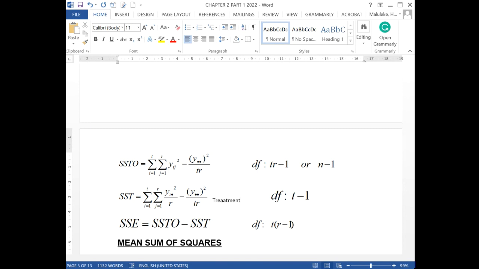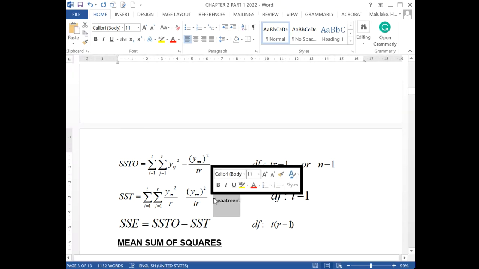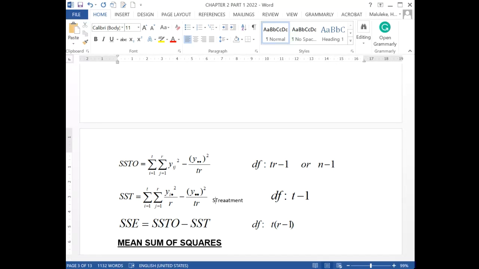When you see SST, we're referring to the treatments. Sometimes other textbooks will say SS, and it will depend on which book we are using. Sometimes it will be written like this.